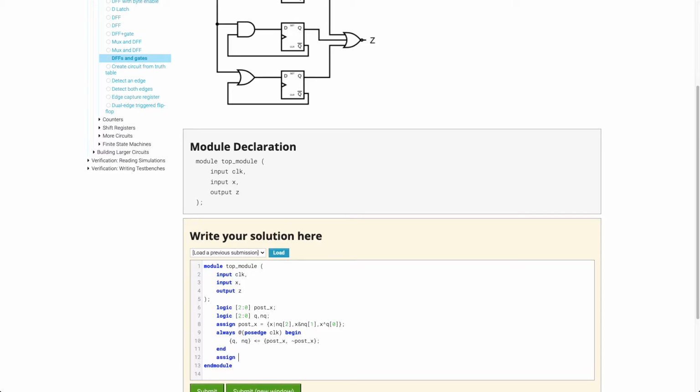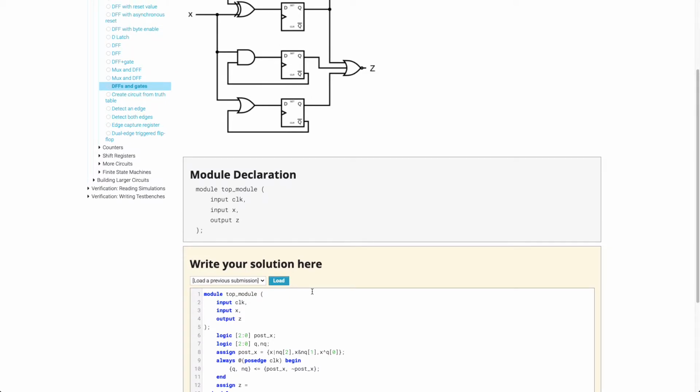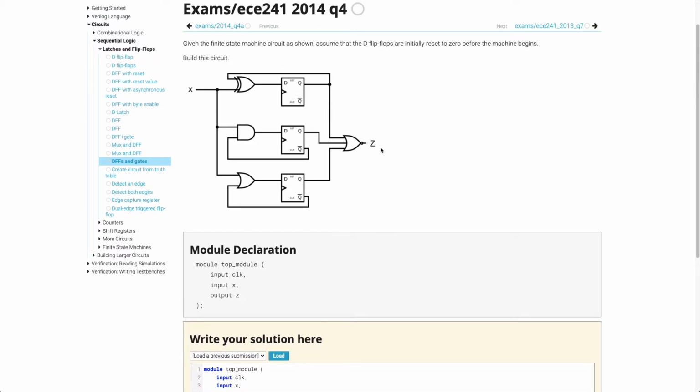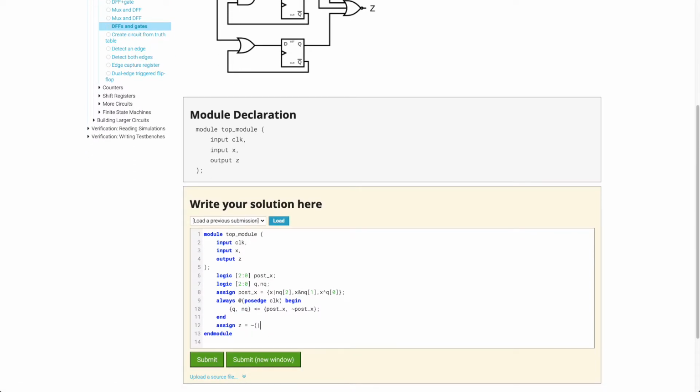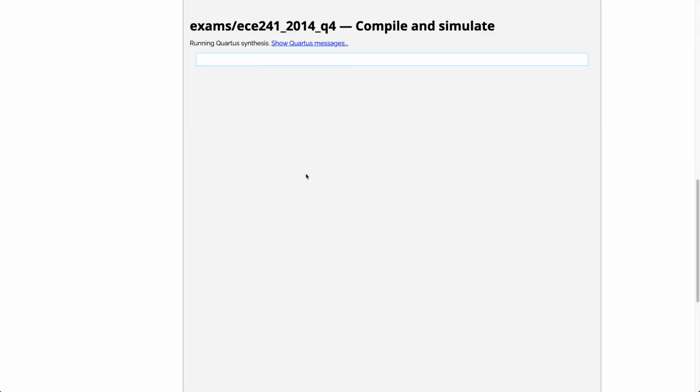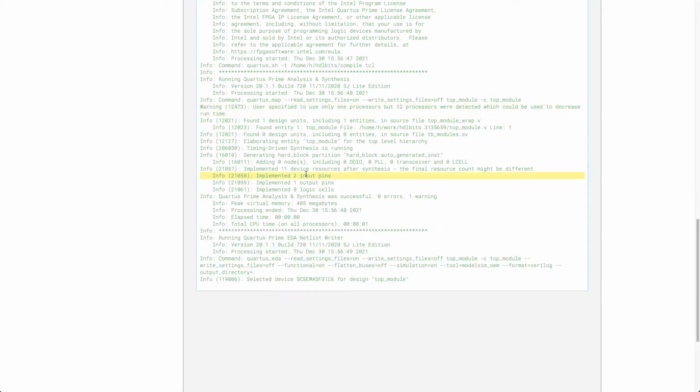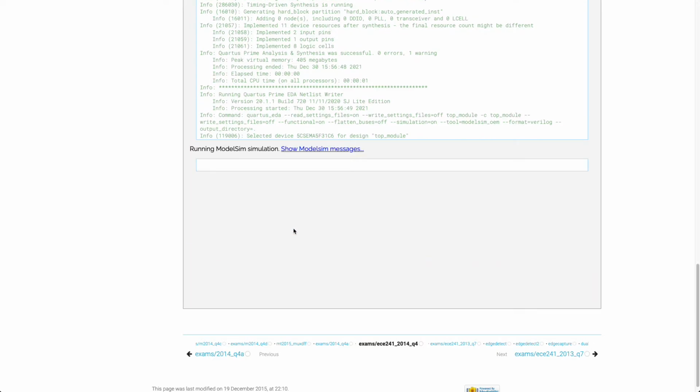And then my Z is just going to be this NOR of Q. Right? Yeah. Probably I will stage for the run for this one just because it's a little bit complicated.